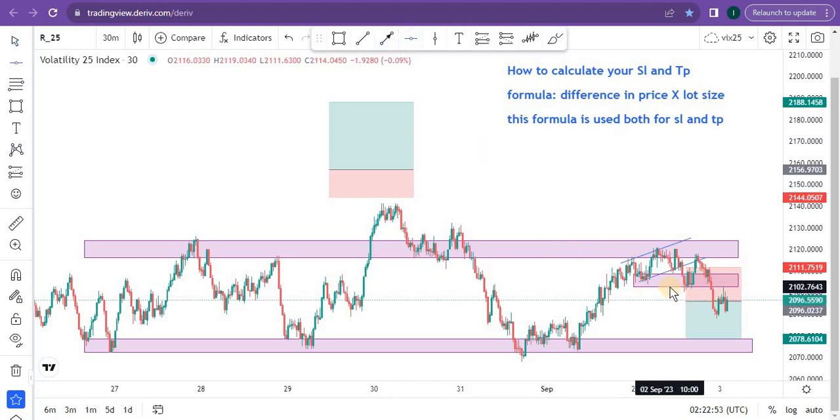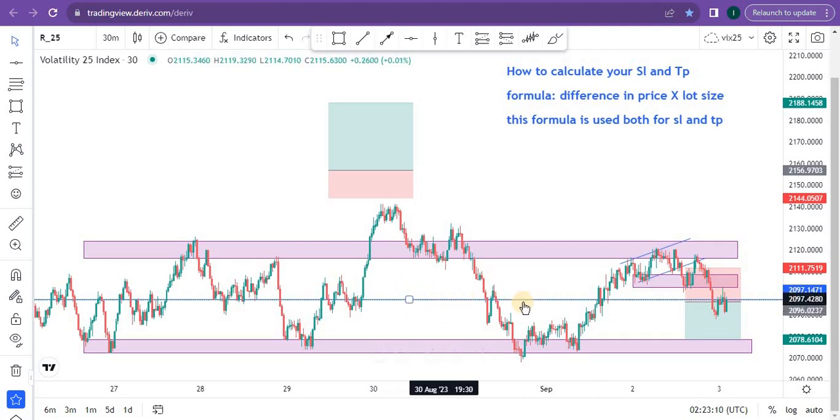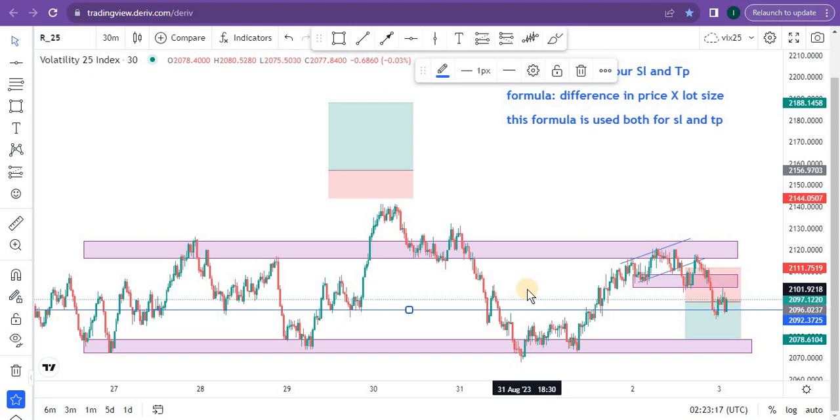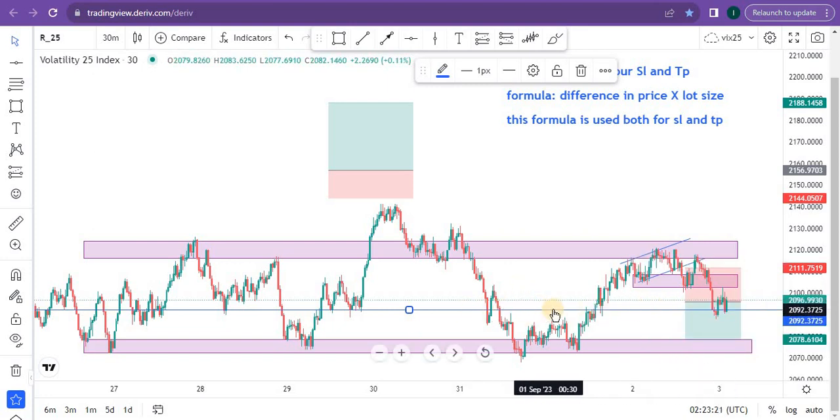You may calculate your TP. At this level of the market, you may say this is where you want to risk.